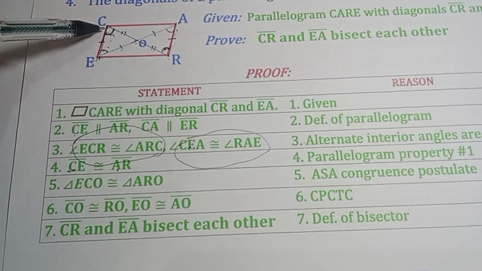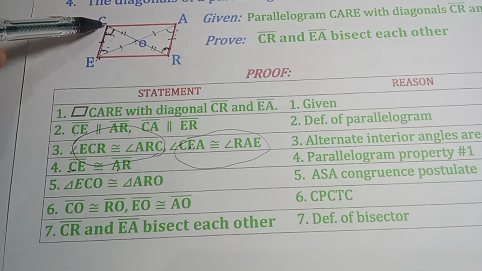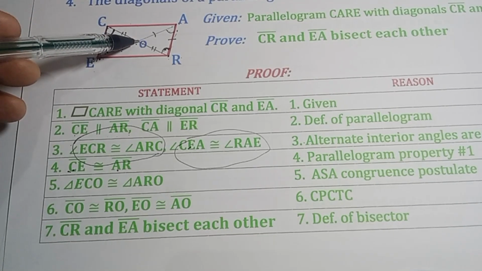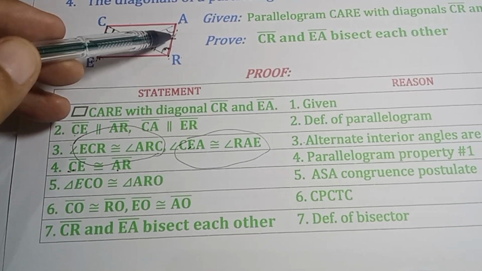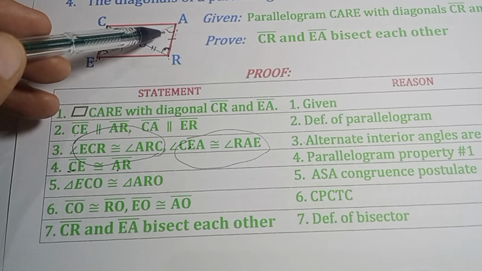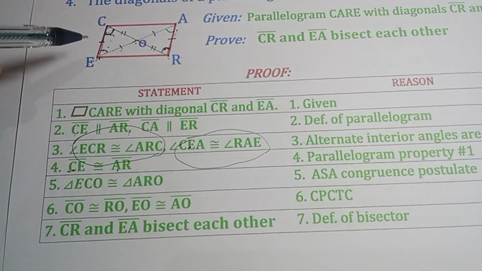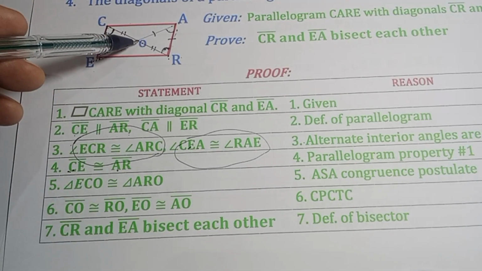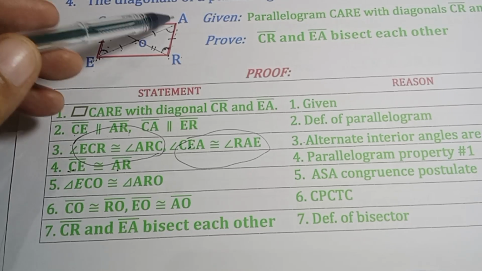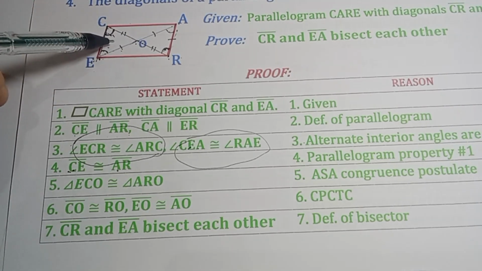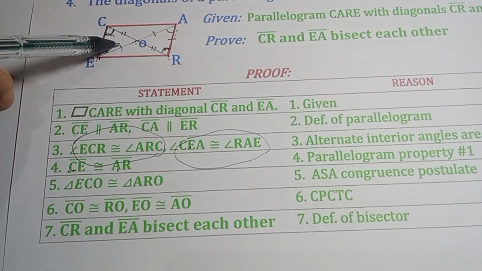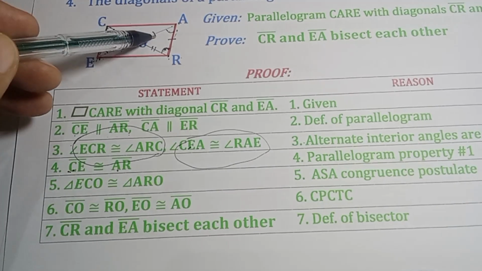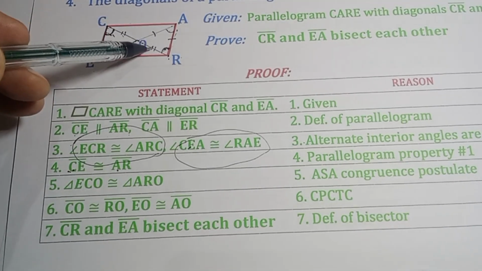So we can say that CO, for this triangle, is congruent to RO for this triangle, and EO is congruent to AO. So there is marking here. This is equal to this. This is equal to this.